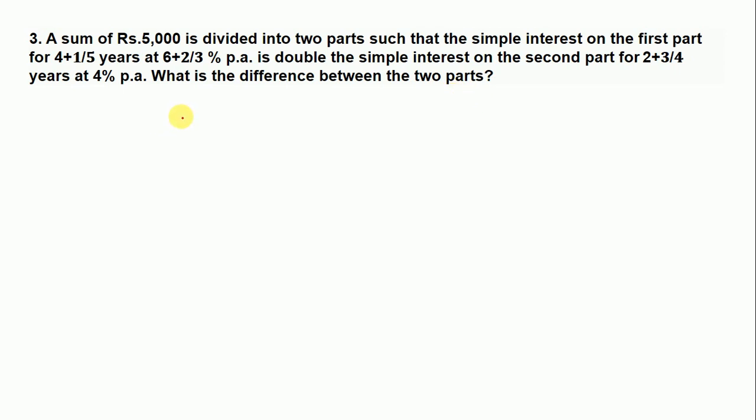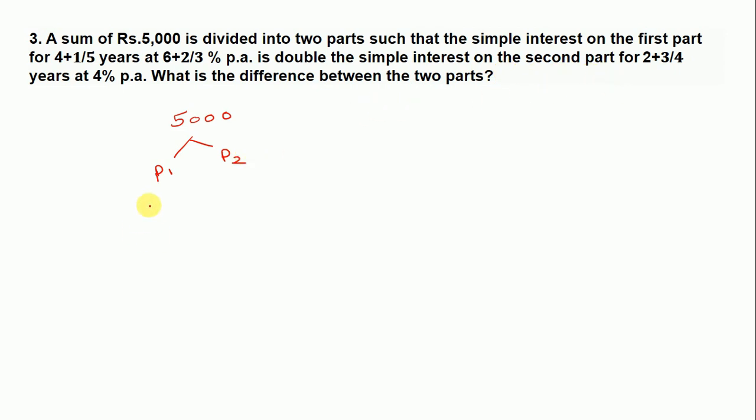So in this question, 5,000 rupees is divided into 2 parts, P1 and P2. And both these amounts are on simple interest for different time duration at different interest rate. And we are given the simple interest on the second part is double than the first part.